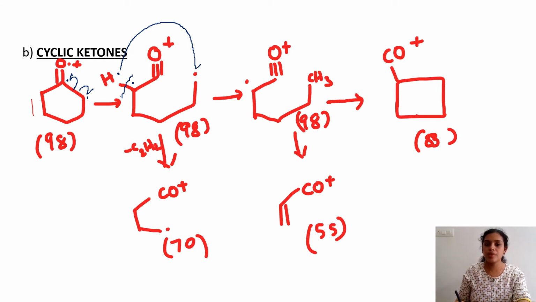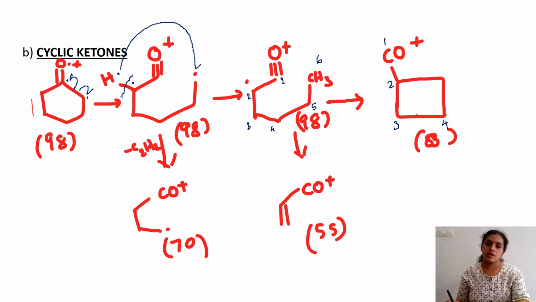From here, see this carbonyl carbon; let us number the first carbon, second, third, fourth, fifth and sixth. The first carbon is this one, and this could be the second carbon, third one, fourth one.